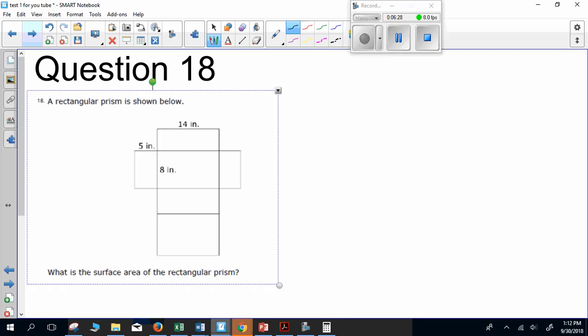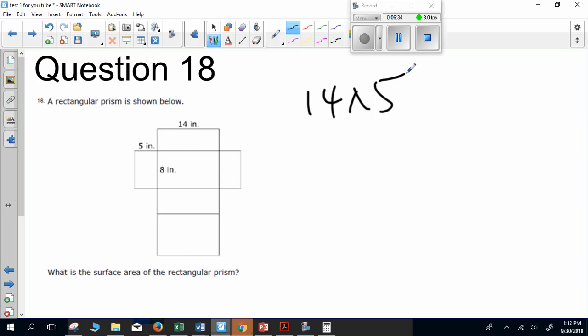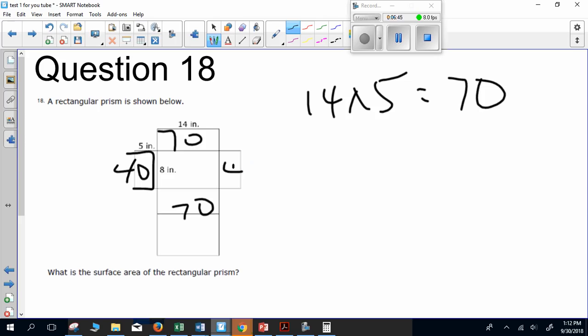Okay, number 18. This part here is 14 times 5, which is 70. So that means this is 70. Over here, this is 5 by 8, so that's 40, which means this is 40. And then this is 14 by 8, which is 112.